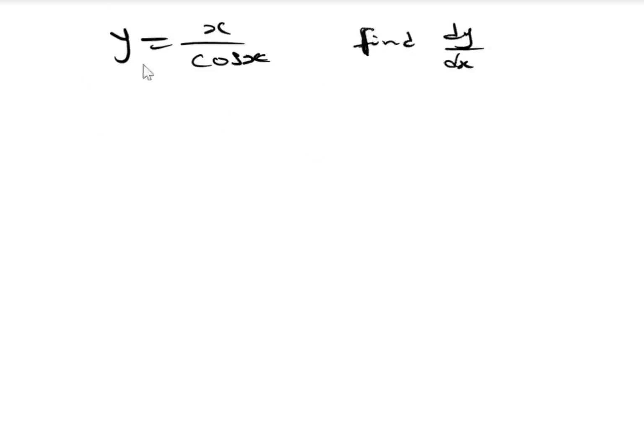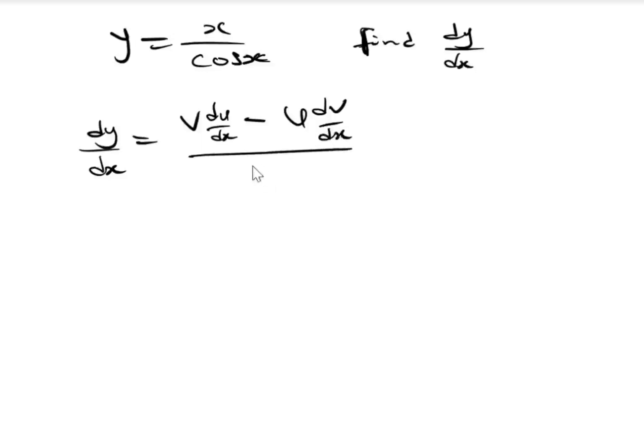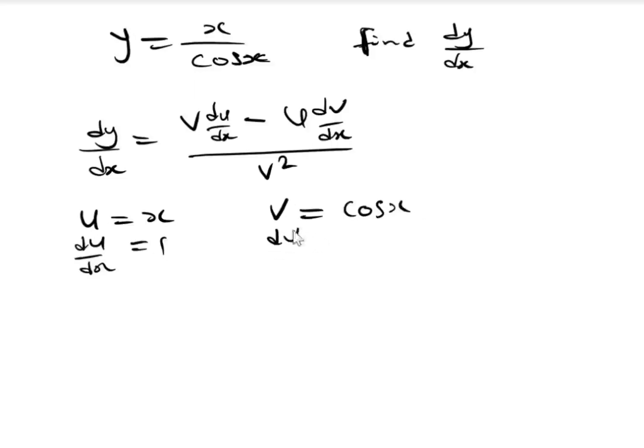In this case, we are going to use quotient rule, and the formula is dy/dx is equal to v du/dx minus u dv/dx, divided by v squared, and u is the numerator, which is x. du/dx will be equal to 1, and v is equal to cos x, and dv/dx will be minus sine x.